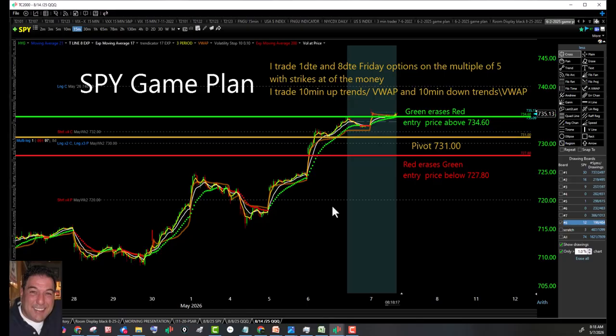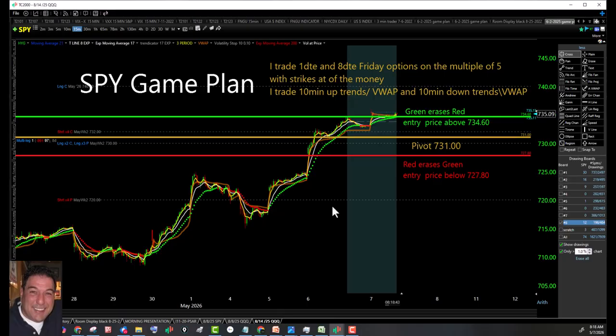Those in the money strikes are going to give you that penny for penny performance, whereas strikes out of the money will only give you a percentage of that penny for penny performance. So for that reason, I like strikes at the money, kind of in between.